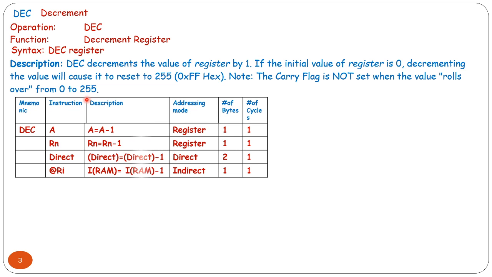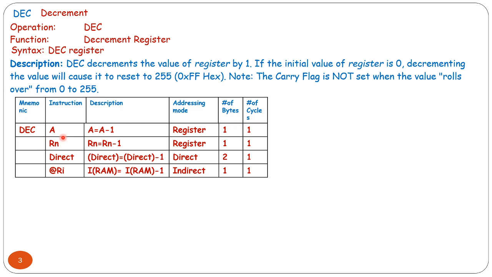Now these instructions are like this. This is the mnemonic and this is the instruction, with its description, addressing mode, number of bytes required to execute this instruction, and number of cycles required to execute this instruction.